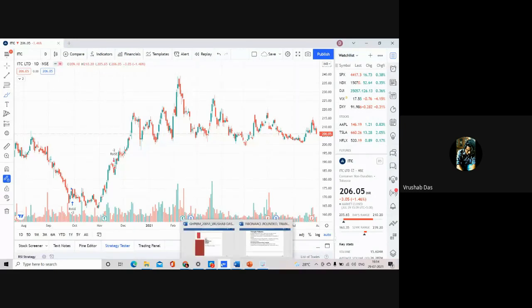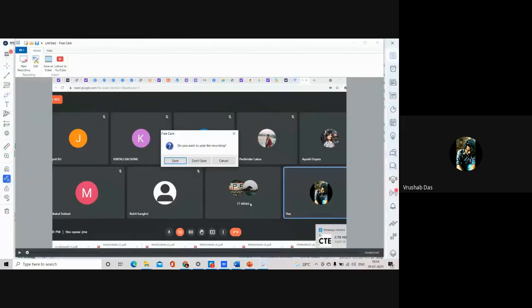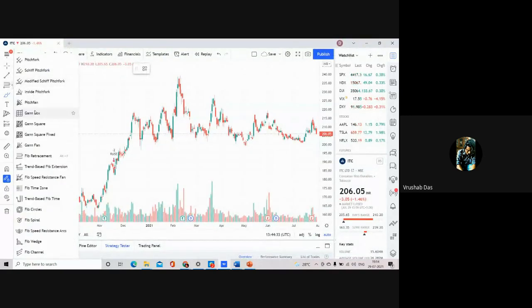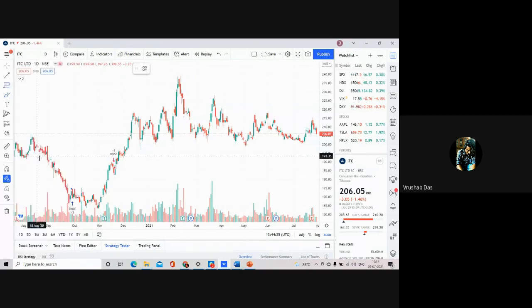So from this low, you have to first draw from the real body, and this is the green candle.